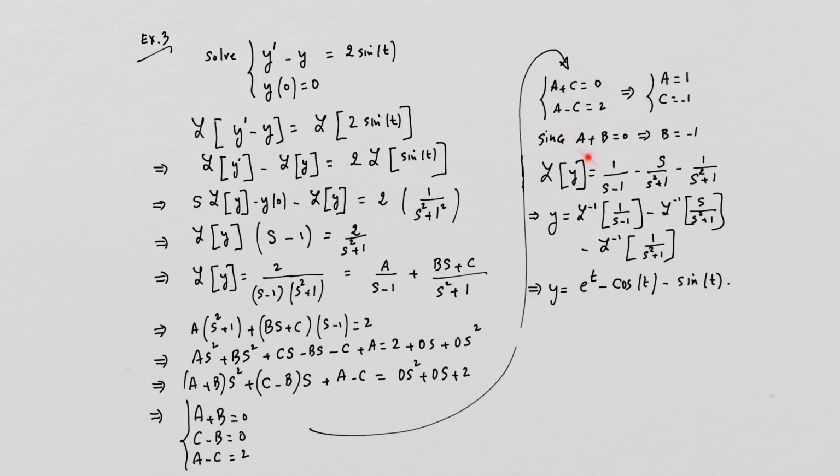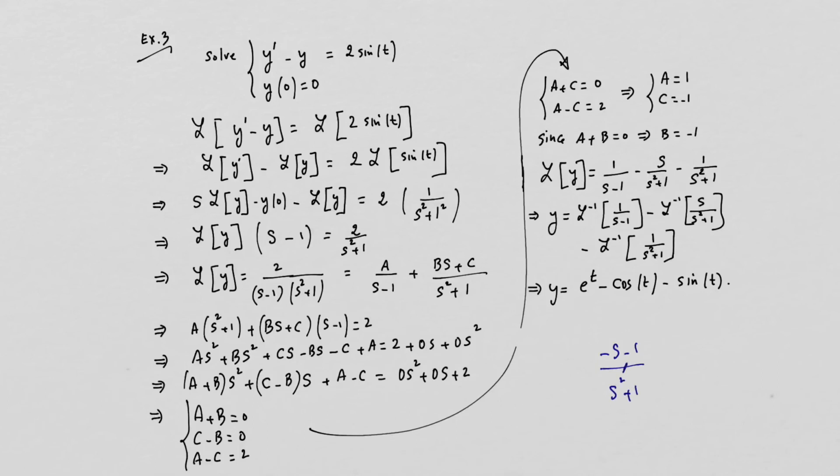If a equals 1, c is negative 1 because they're opposites. And then I use the first equation here. If a is 1, then clearly b has to be negative 1. And therefore, Laplace transform of y is a, which is 1 over s minus 1, here it is, plus negative s minus 1 over s squared plus 1.